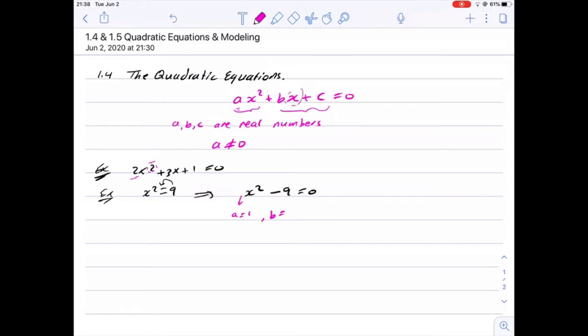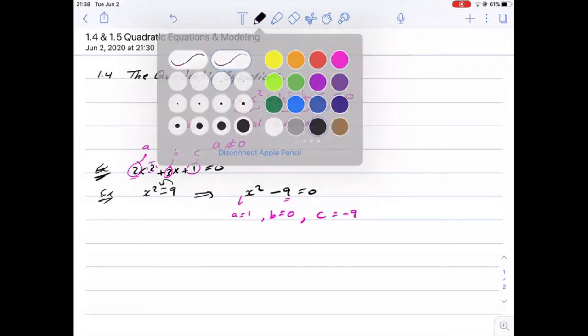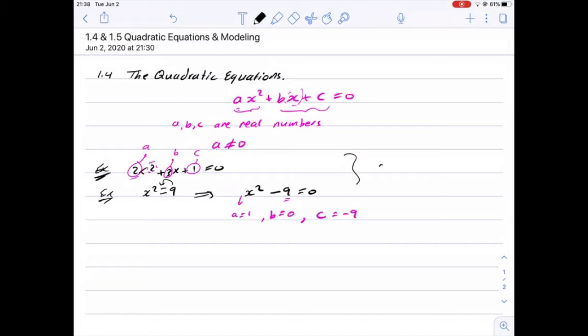We don't have x here, so the coefficient is 0. C is negative 9, the constant term. Similarly here, A is 2, B is 3, and C is 1. So these are examples of quadratic equations.